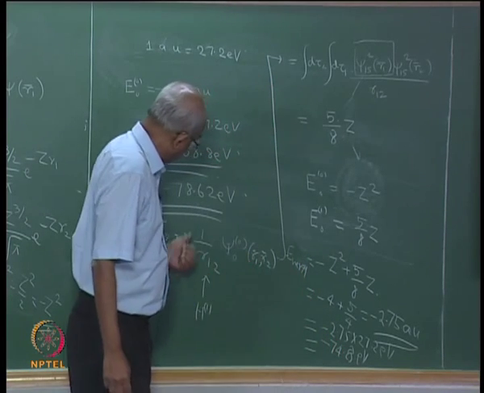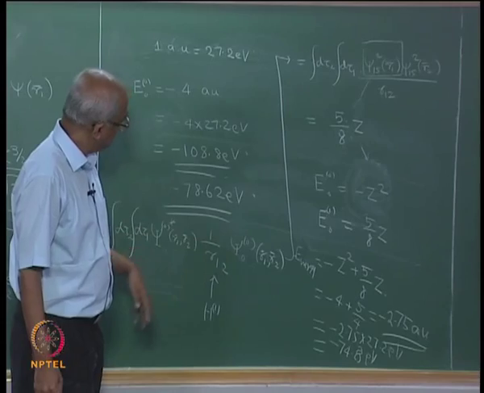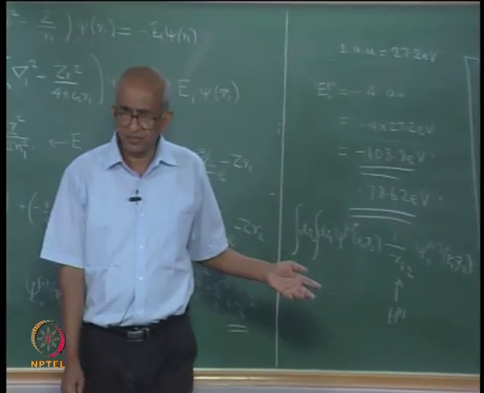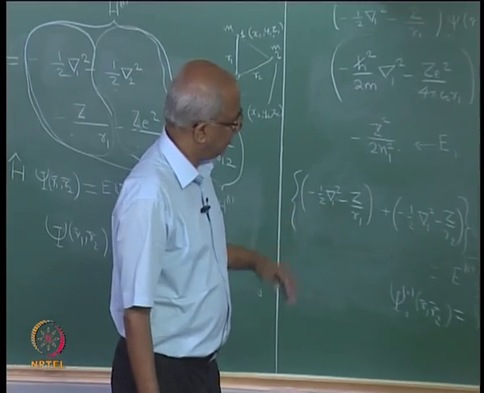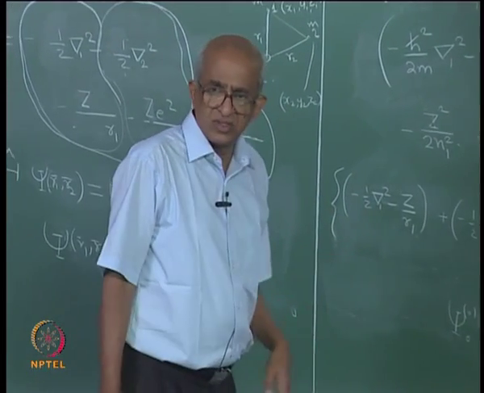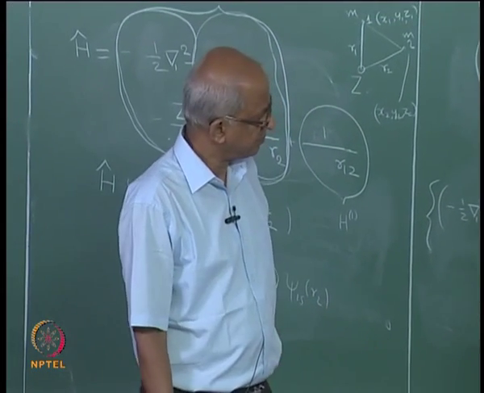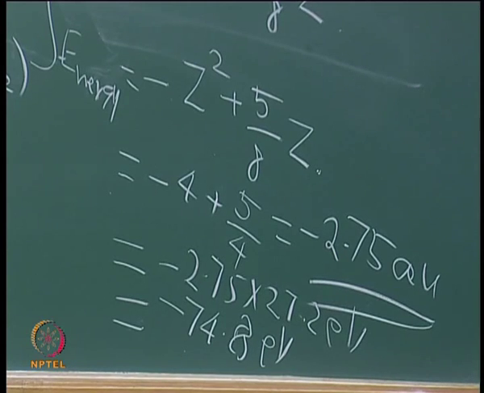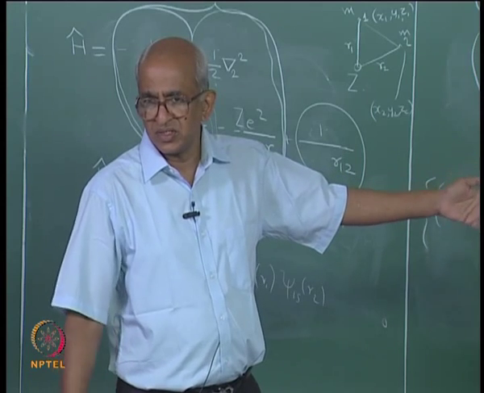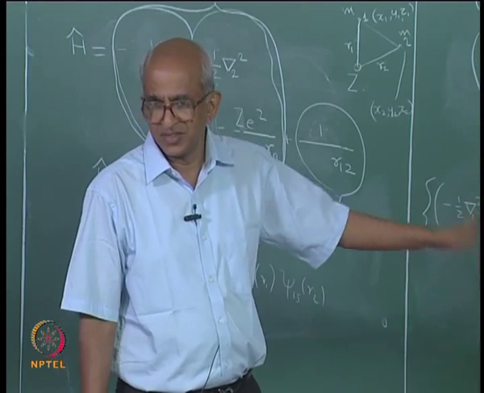It is not very close, but it is not bad. The difference is about 4 electron volts, which works out to maybe about 5 to 6 percent. So earlier it was 40 percent, now it is less.